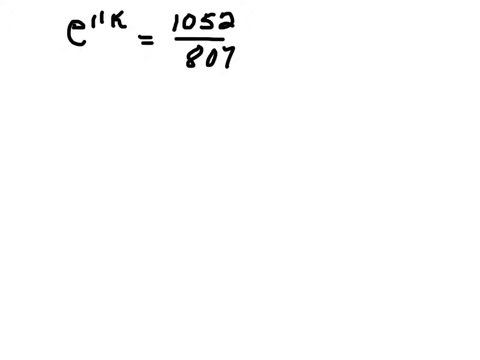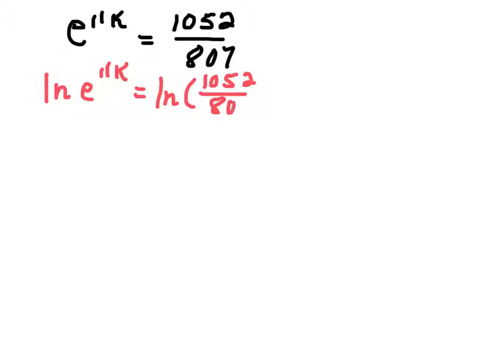We want to solve for k. So to do that, we need to take the natural log of both sides. The natural log of e to the 11k equals the natural log of 1,052 over 807.